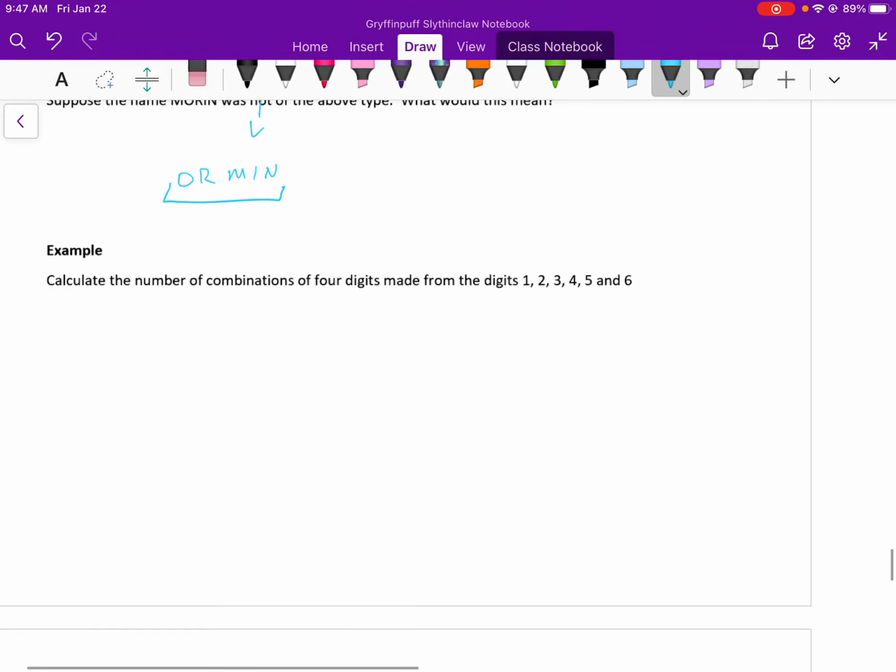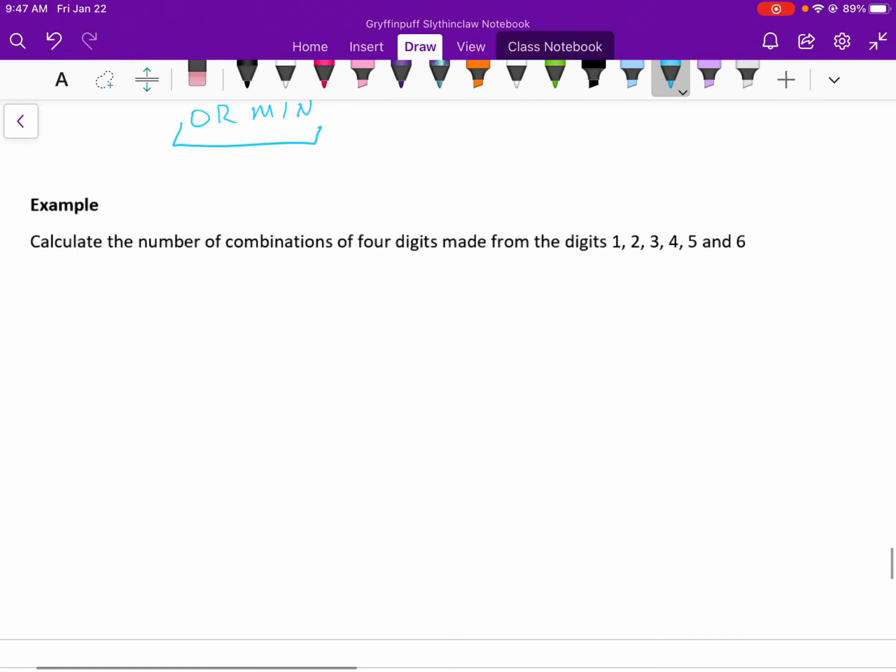All right. Calculate the number of combinations of 4 digits made from the digits 1, 2, 3, 4, 5, 6.